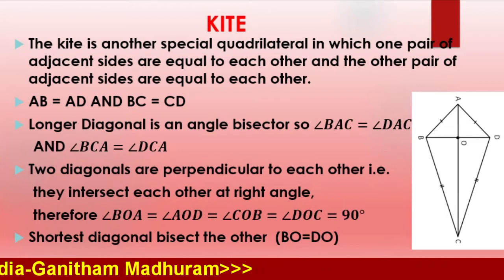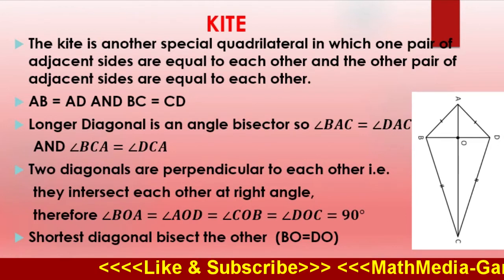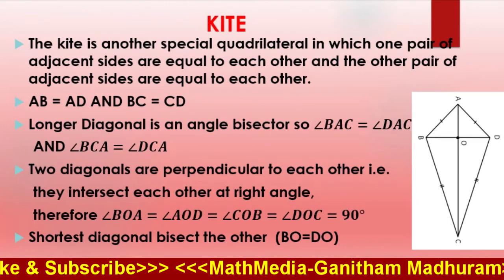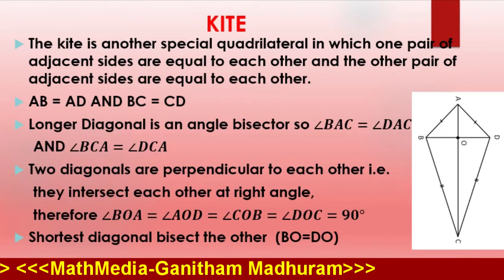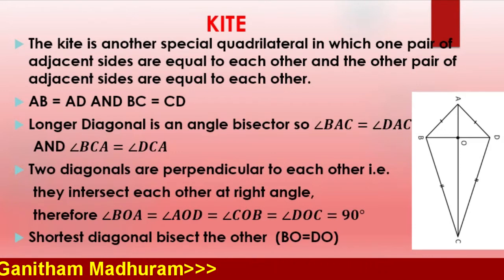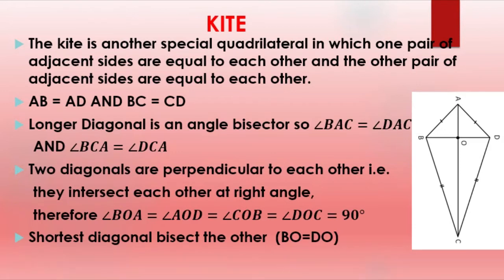That means the shorter diagonal is BD, and it will be bisected, that means OB equal to OD. So remember, the longer diagonal bisects the angles and the shorter diagonal is bisected by the longer one.